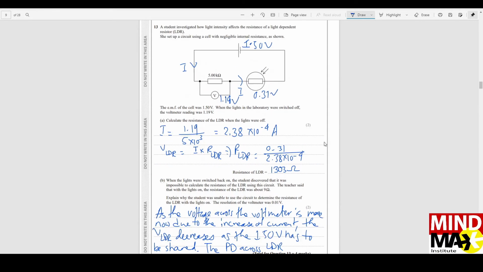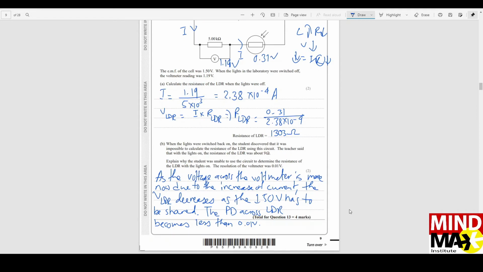Then when the lights were switched back on, of course, when the light intensity increases, the resistance of the LDR decreases. And if the resistance decreases, that means the voltage automatically drops, because V is equal to I times R. So if the resistance falls, the voltage also falls. So that's what I wrote here. As the voltage across the voltmeter is more now due to the increase of current, the V LDR decreases as the 1.50 volt has to be shared.